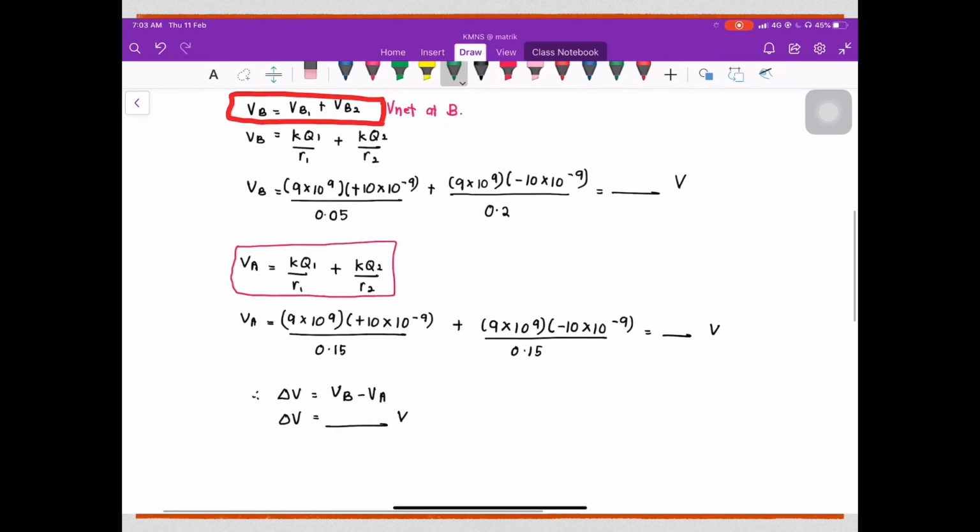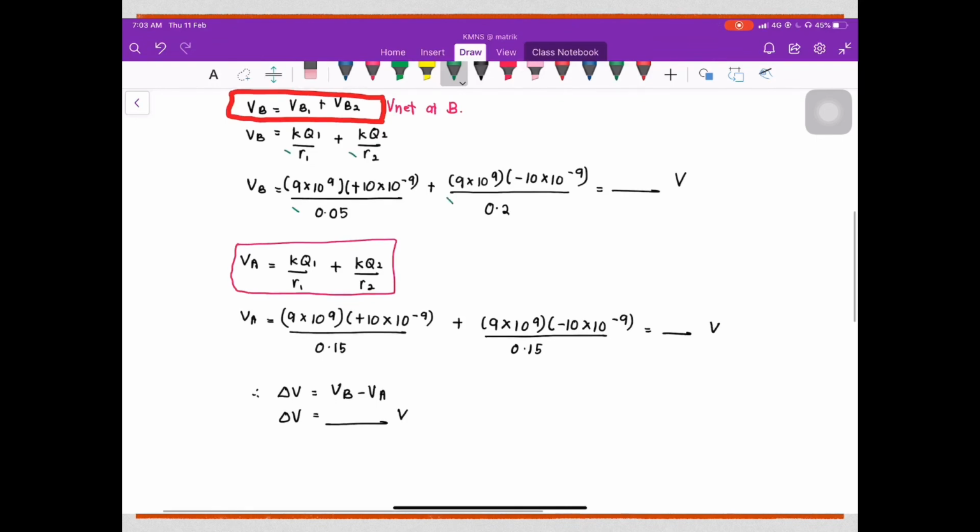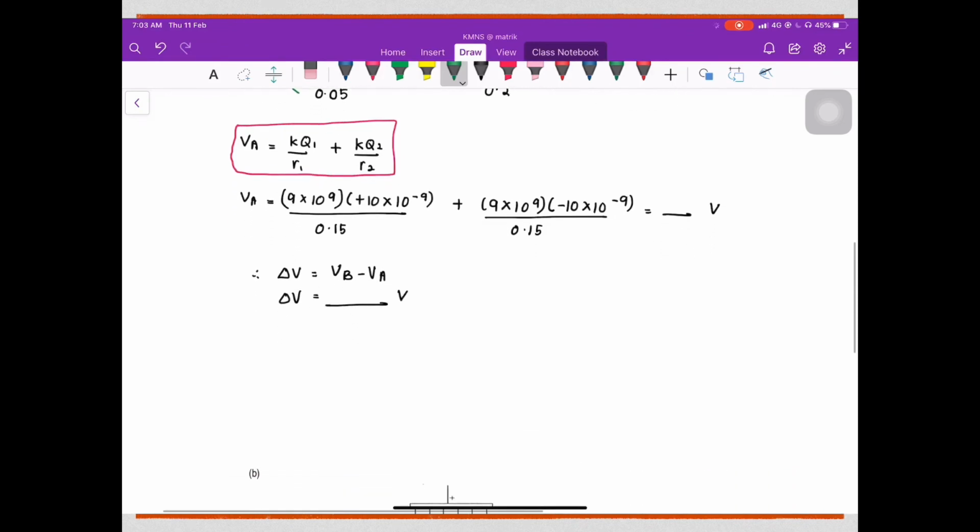So substitute here using the equation of electric potential, and then the same with point A. Then determine your answer, then subtract.